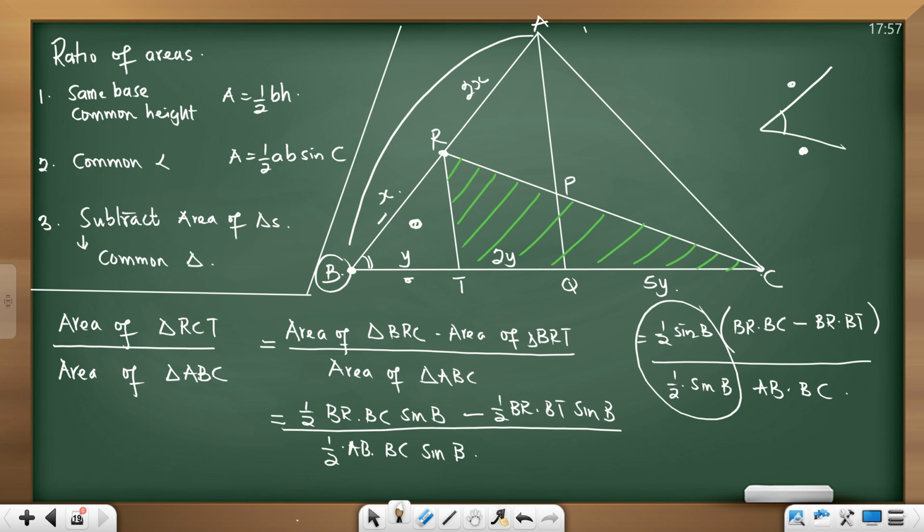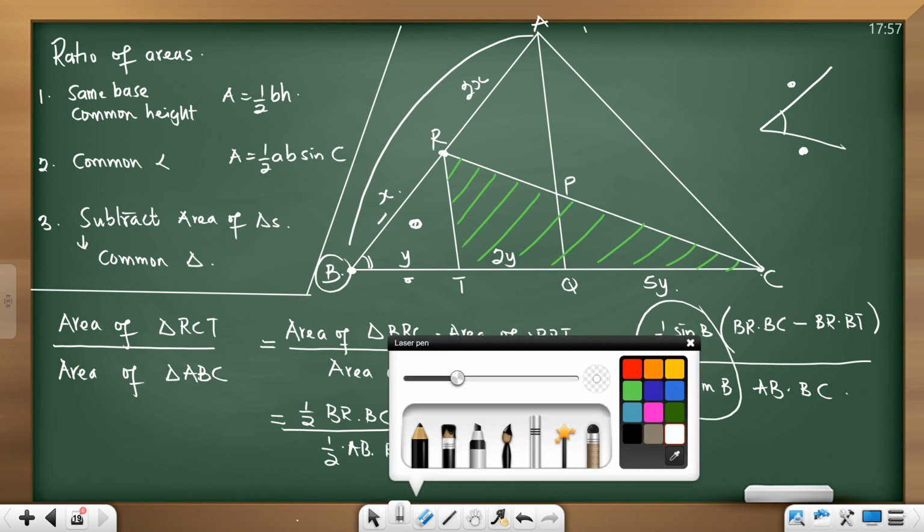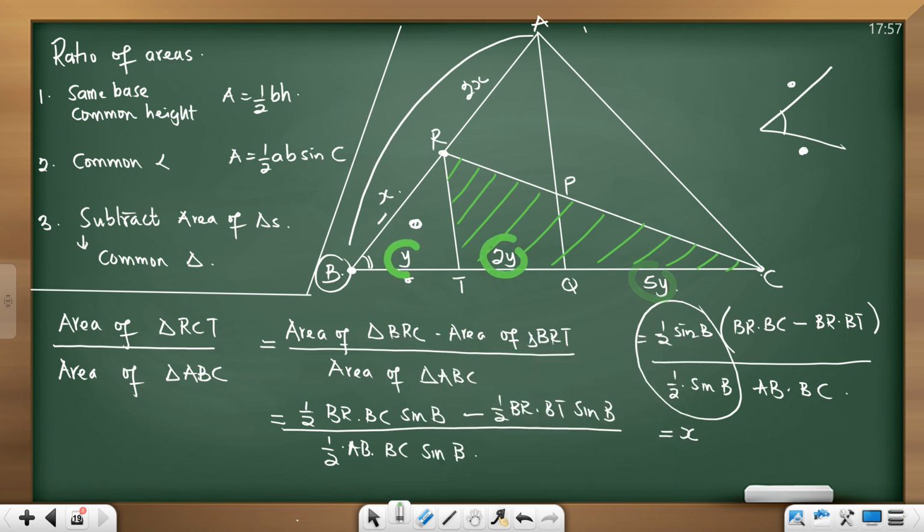And I go back to my diagram. What is BR? X. Please bring in the variables. What is BC? 8y. Why 8y? 5y, 2y, and y, because I'm looking at the whole length. Can I write 8xy? We are math learners, I'm multiplying. Minus, what about BR? BR is X. And what is BT?